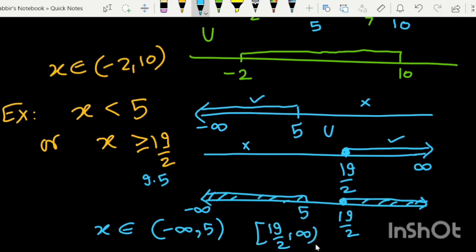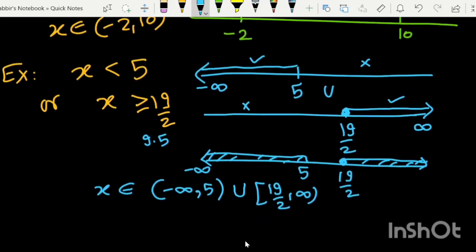If there is more than one solution set on the number line, we write all of them and connect them by this symbol U. This is what I meant in the beginning, that U is used as a connector, as a symbol to connect the different solutions on the number line.